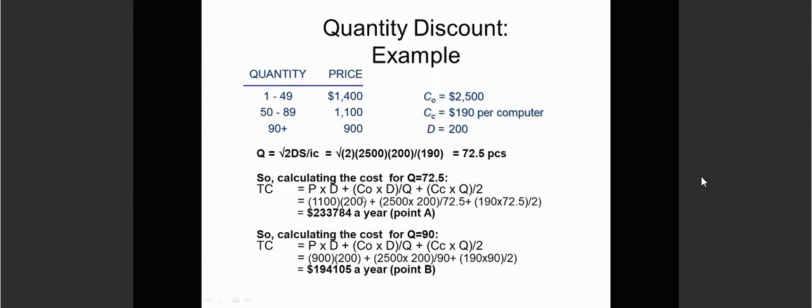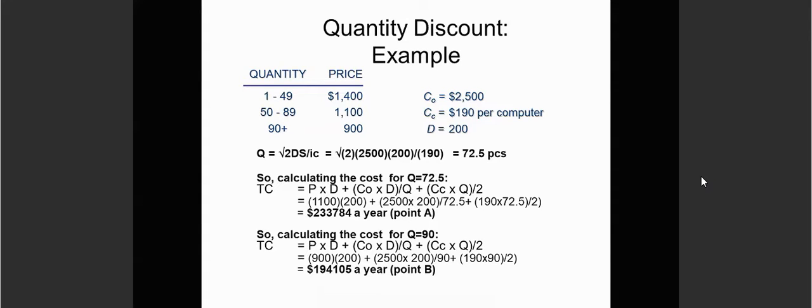So for the quantity of 72.5 units, the total cost for this quantity discount model will be 233,784. So we need to calculate what is the fixed cost and what is the variable cost in order to determine the total cost.